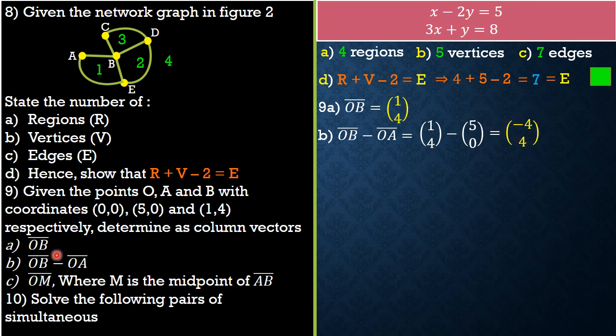Now, they want us to get OM, where M is the midpoint of the line segment AB. So, to get this done, all we have to do, in order to be very precautious, is to picture out the two vectors. Let's say this is the origin. That is the point where the two vectors intersect.